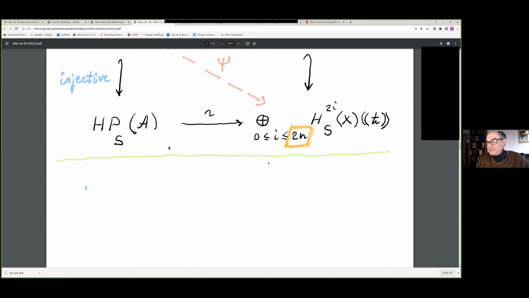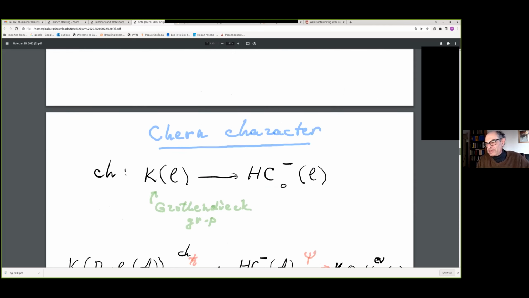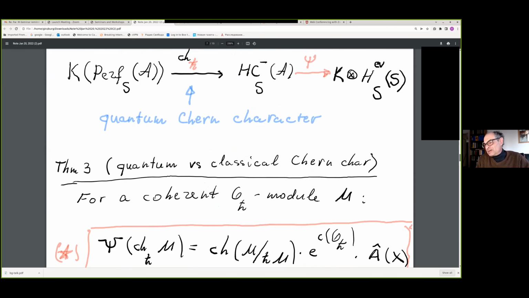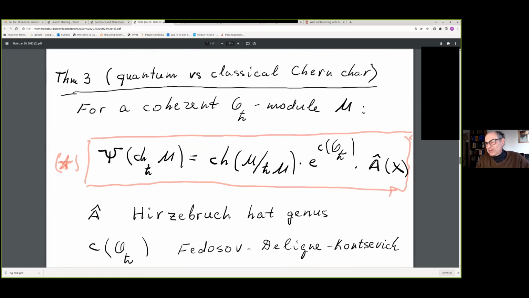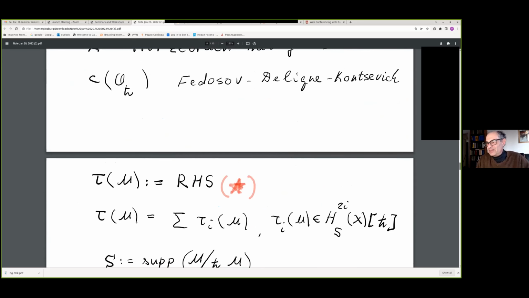So the main difficulty is to construct the horizontal isomorphisms here. And then one can ask what happens with Chern characters under these isomorphisms. Once you have constructed the isomorphisms, deducing the formula is not very difficult. This formula is a kind of Riemann-Roch theorem. There is some proof, but more or less all the steps are known to some extent.